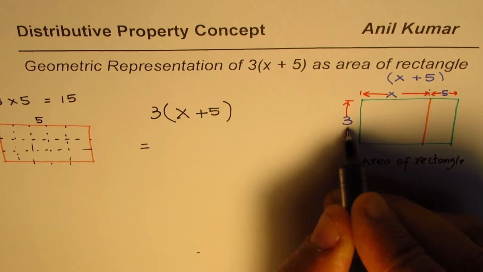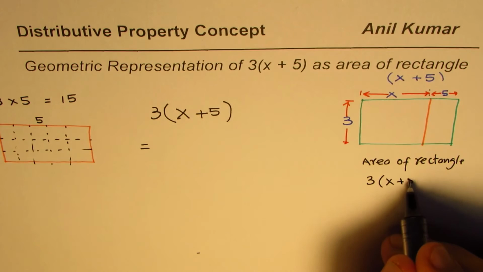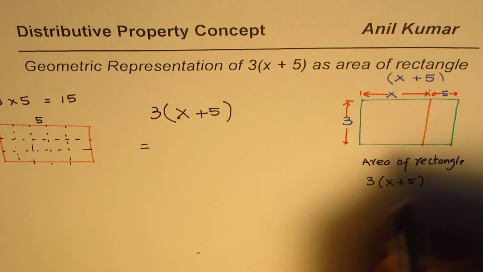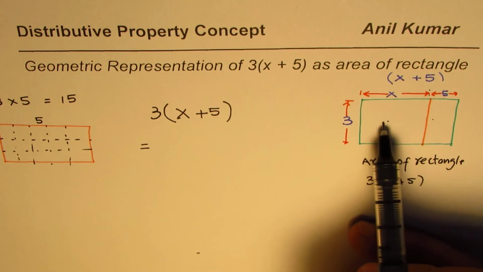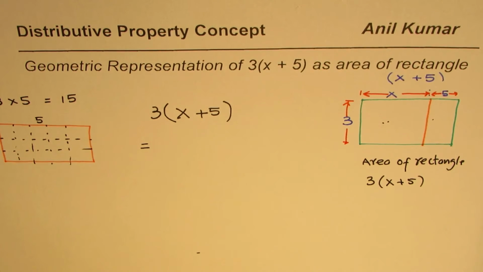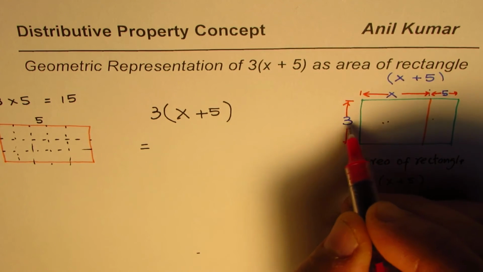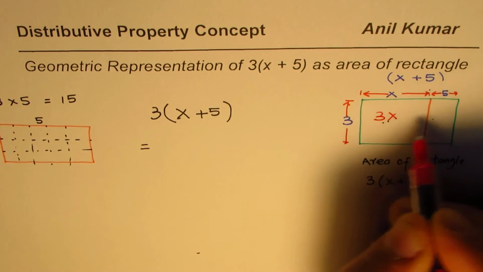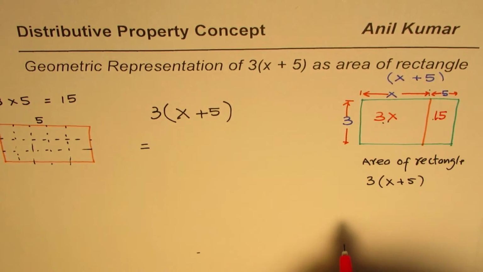Now this whole area is equal to the sum of areas of two rectangles, correct? The area of this rectangle is 3 times x, right? How about that one? 3 times 5. So the area is 3 times 5.